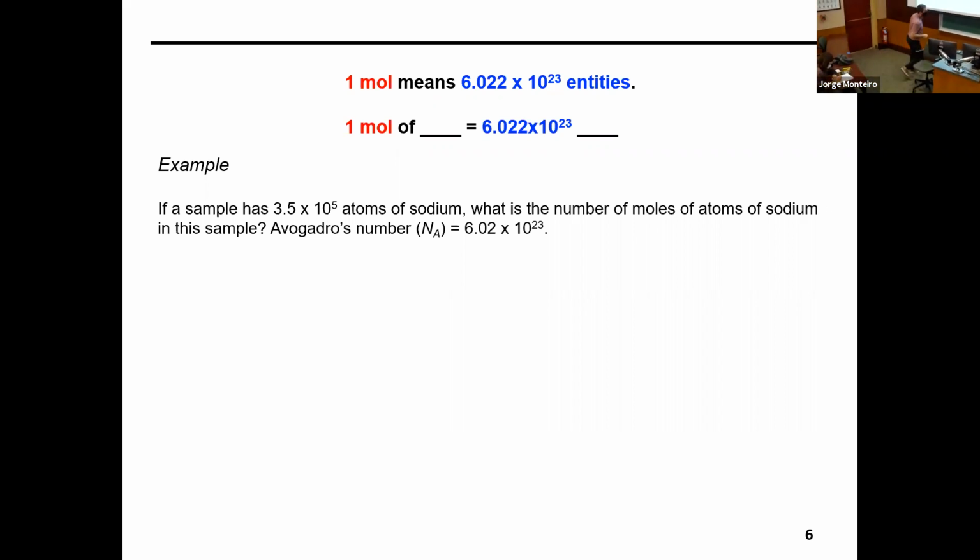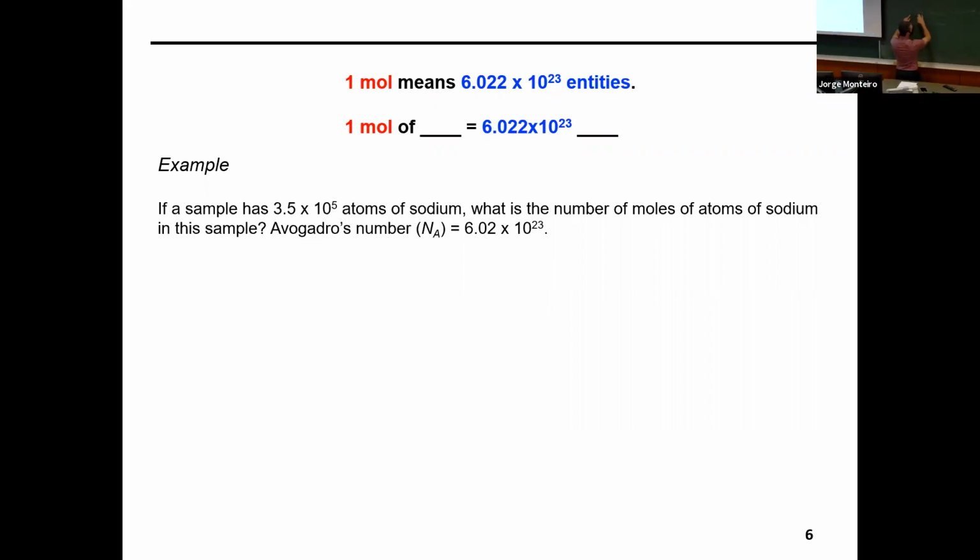Okay, so we can follow a strategy. So now we are talking about atoms of sodium.